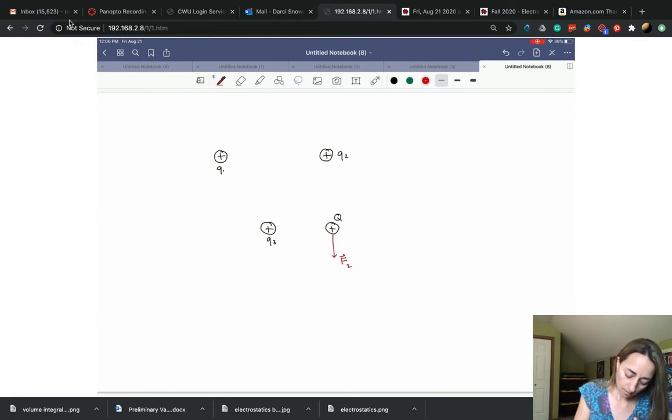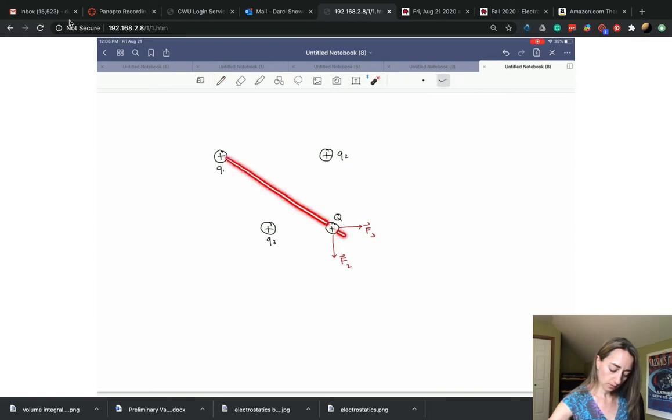Okay, our source charge Q3 is going to exert a force that's got about the same magnitude but is in a direction to the right. Okay, and then remember our force vector is going to be in the same direction as that R vector. The R vector between these 2 charges here would be in this direction, so my force vector is also going to be in that direction. It's going to be shorter than the other ones.